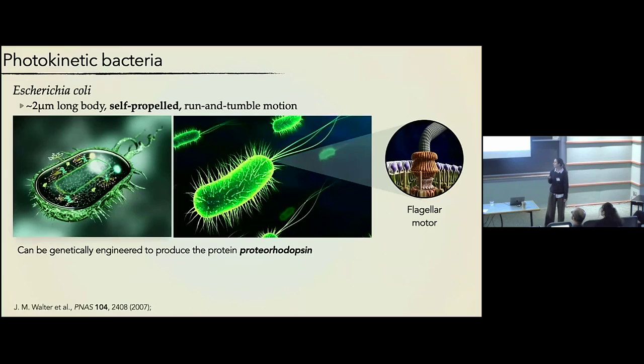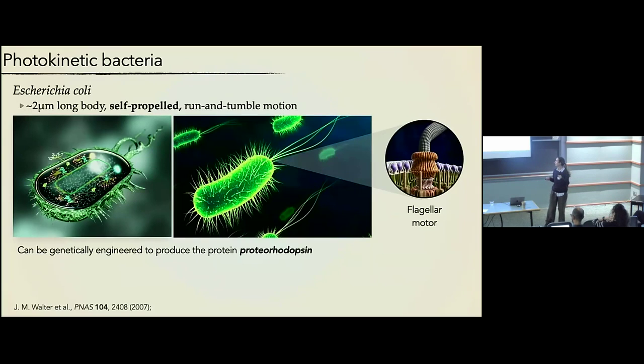But Escherichia coli specifically has a genetics that is very well known and very well studied, and thanks to genetic engineering, we can modify it almost at will, almost as if we synthesize a particle, and we can make it do almost whatever we want. So in this case, to make it photokinetic, it's genetically engineered to produce a protein called proteorhodopsin. This is a transmembrane protein that is usually found in marine bacteria in the sea.